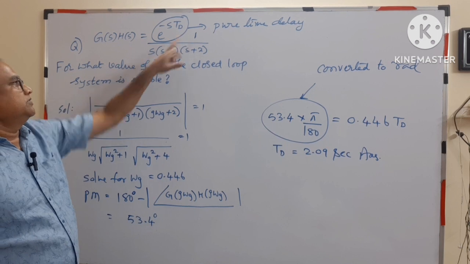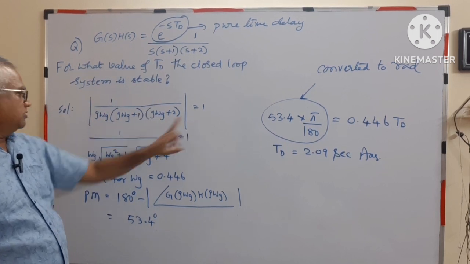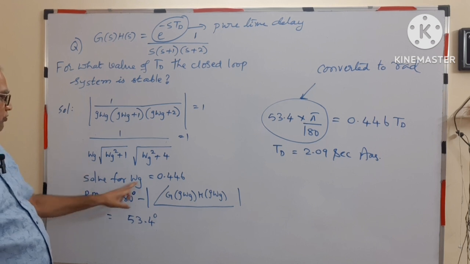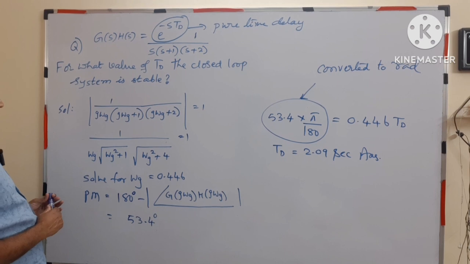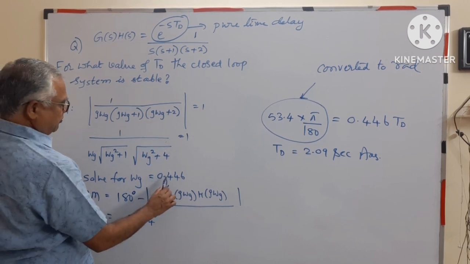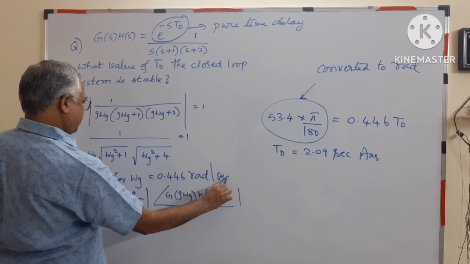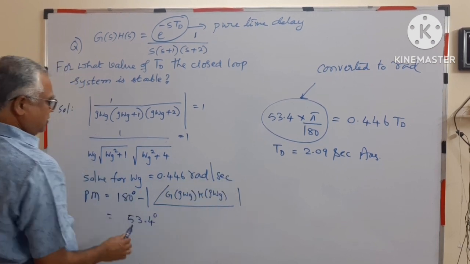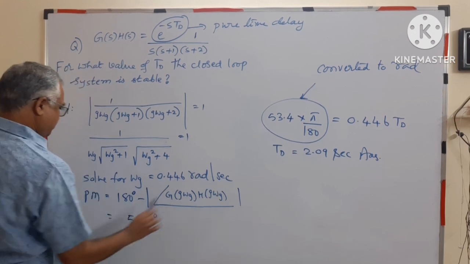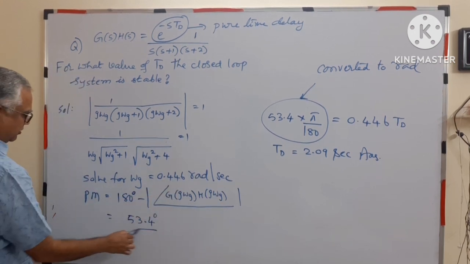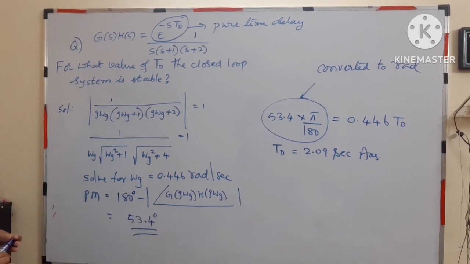So replacing this with 1, equating the magnitude to 1, and solving for omega g using the bisection method, you will get 0.446 radians per second. This is omega g. With this omega g, find the angle. If you follow this procedure, you get a phase margin of 53.4 degrees.